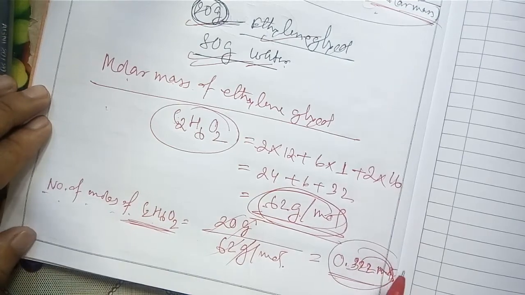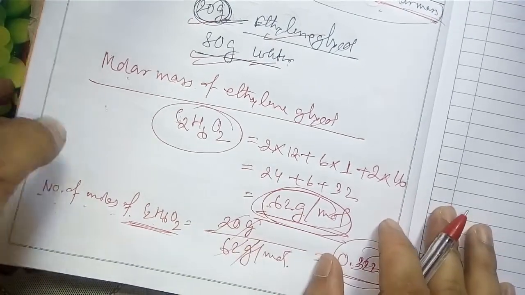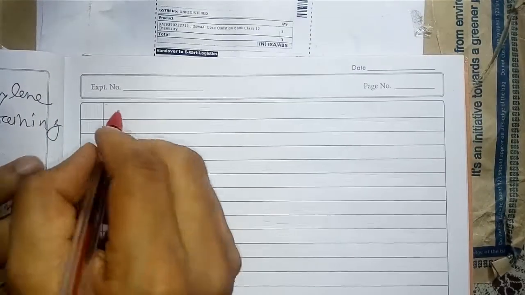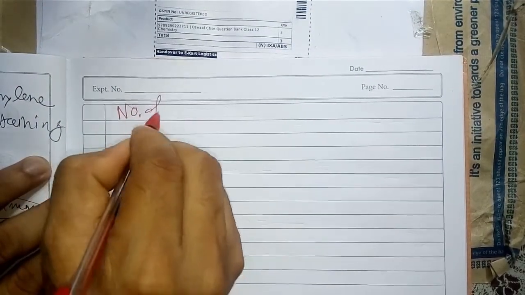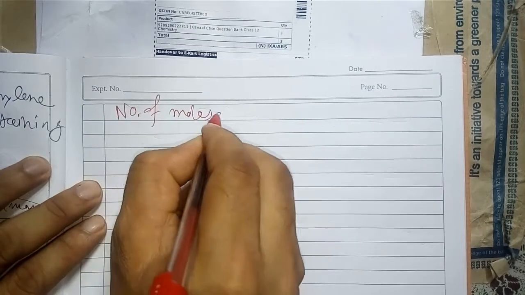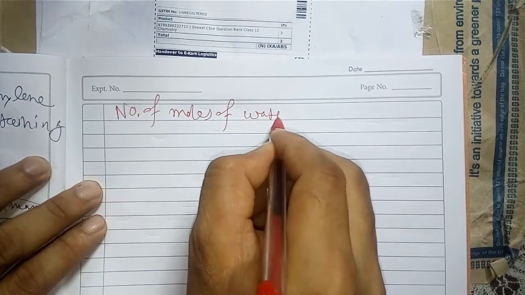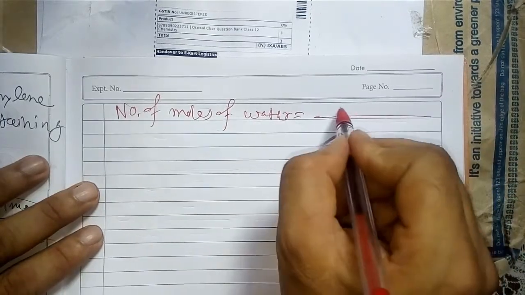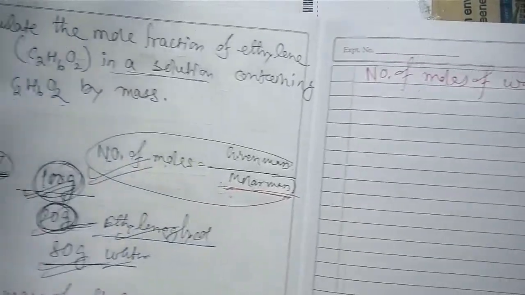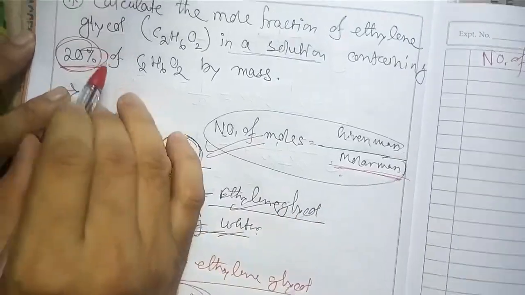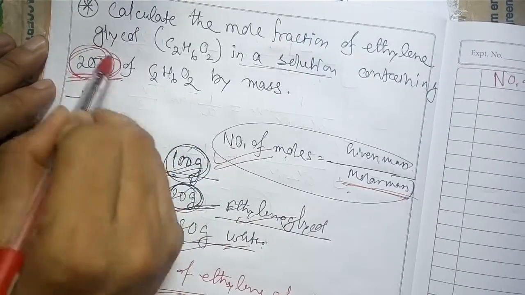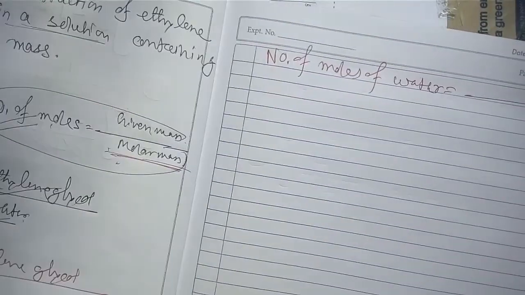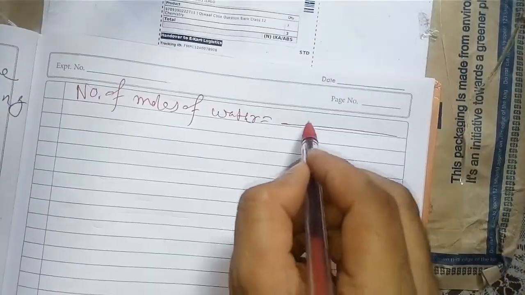Similarly, you can find the number of moles of water. The given mass: if ethylene glycol is 20 gram, then the rest, water, is 80 gram.